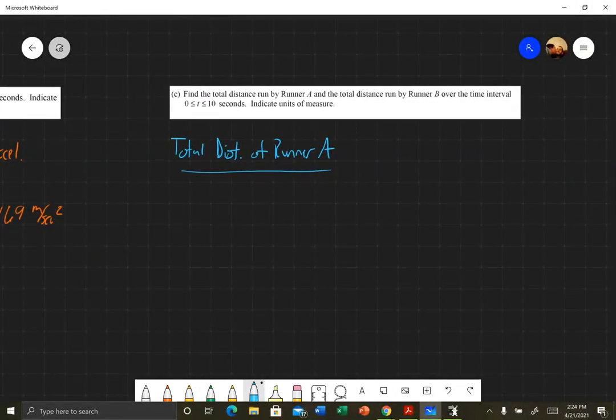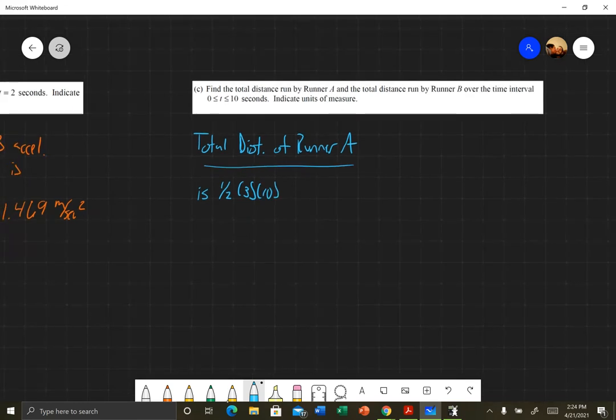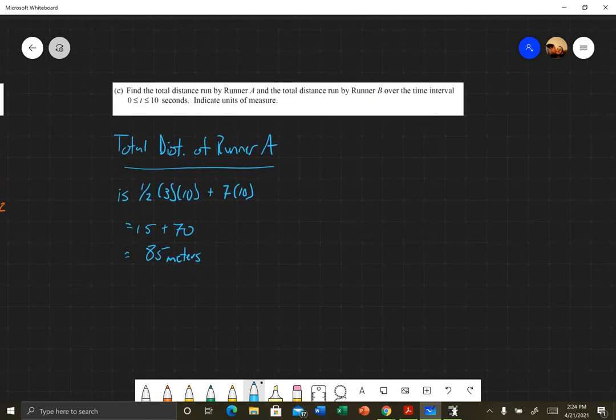This is 1/2 times 3 times 10, the area for that first part, plus 7 times 10, the area of that second component. So this equals 15 plus 70, which equals a total of 85 meters. That was the total distance that runner A traveled.